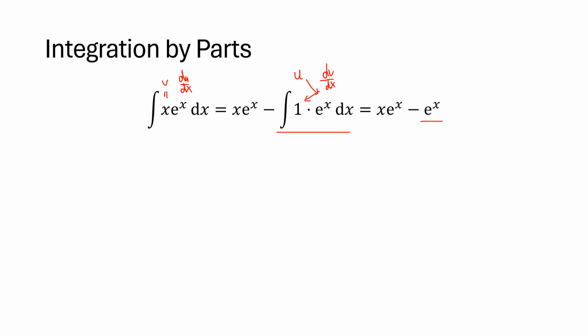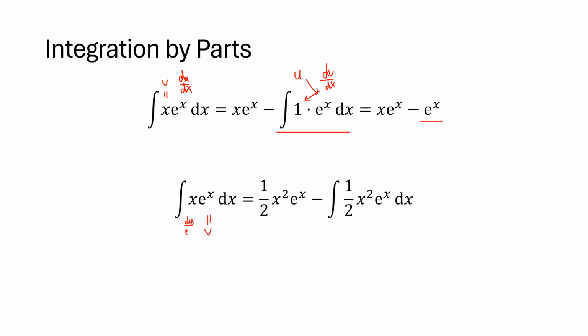Compare now what happens if we use the wrong choice. If we now swap this around and took v to be e to the x and du over dx to be x, the problem again lies on this last integral, where u is now a half x squared.